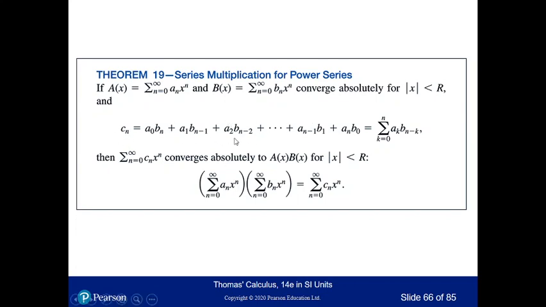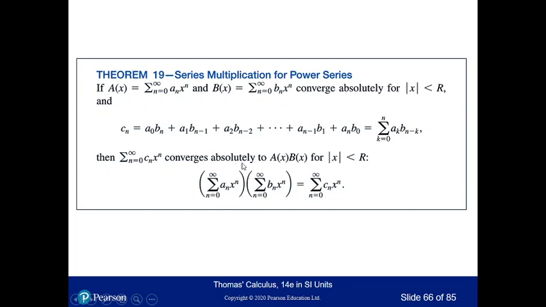This is the new coefficient of the product. And I form a new power series here, and this new power series is going to be converging absolutely to the product of the two, A(x) B(x), in the same radius of convergence r. That's very nice.